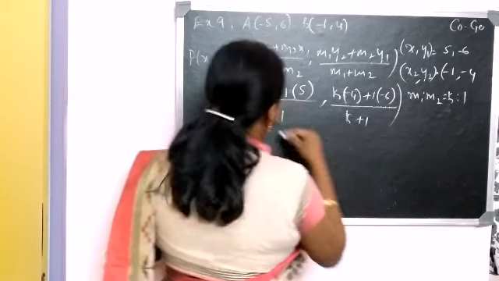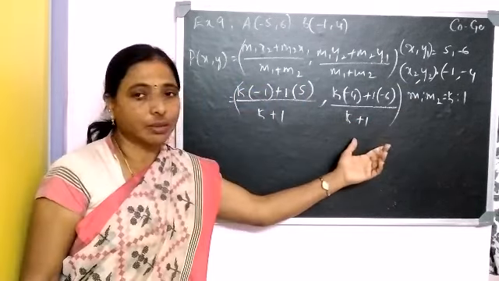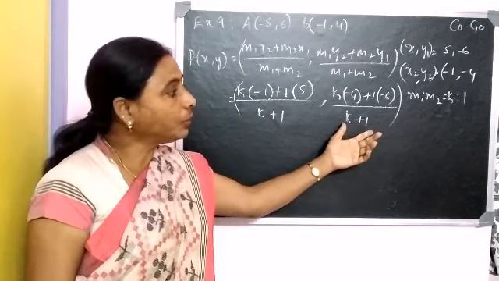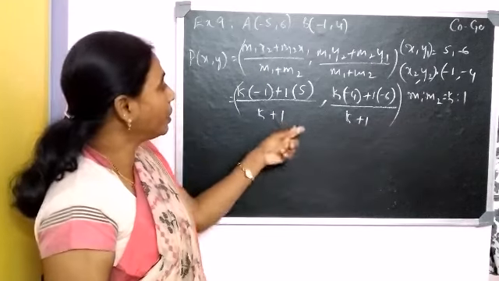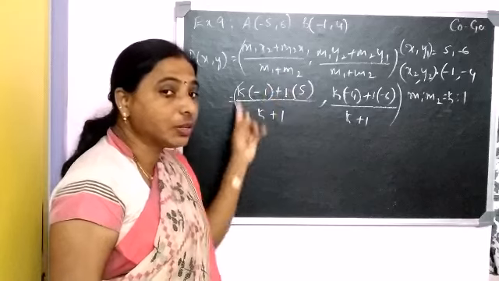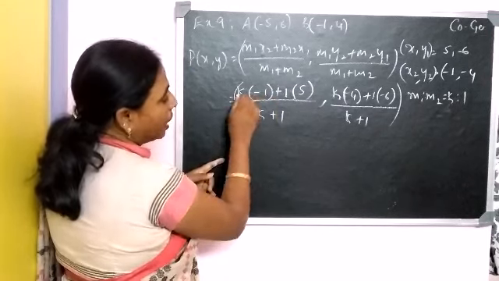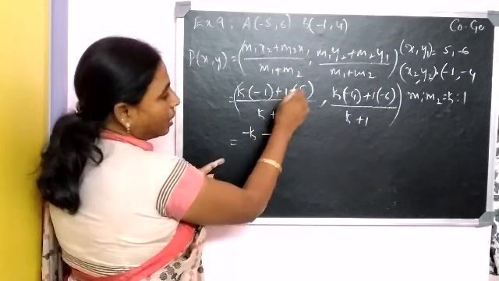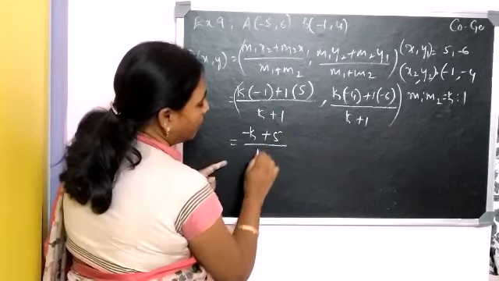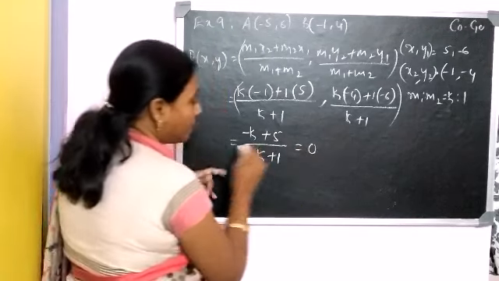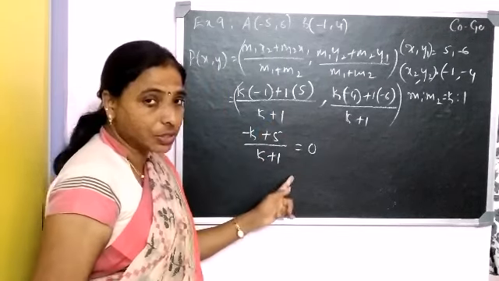Children, in this you have to forget this. The reason is that they are telling you that the y-axis divides. That means we have to take that this is 0. This equals 0. Now this is k into 1 minus k, and 5 ones are 5, divided by k plus 1, equals 0.